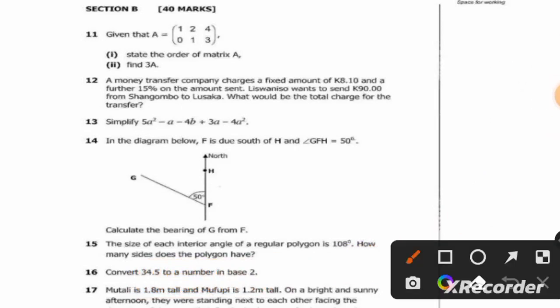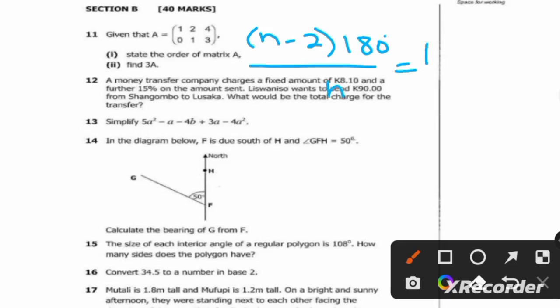The first formula, we are going to say n, which is representing the number of sides, n minus 2, close brackets, 180 over n, number of sides, is equal to the interior angle, which is 108.